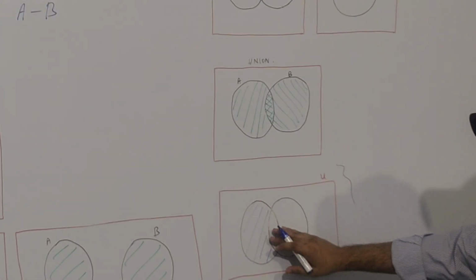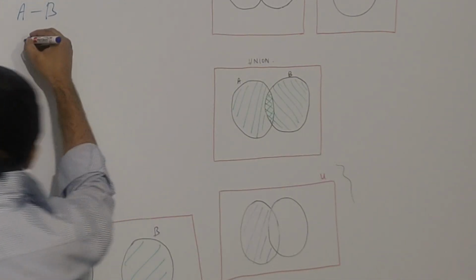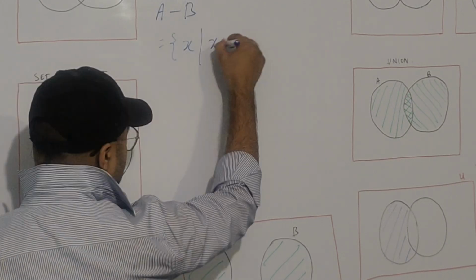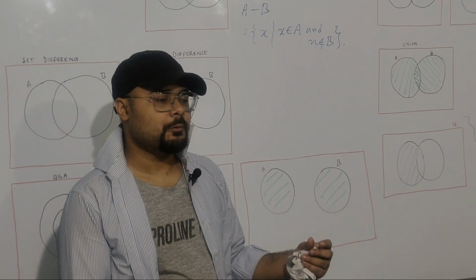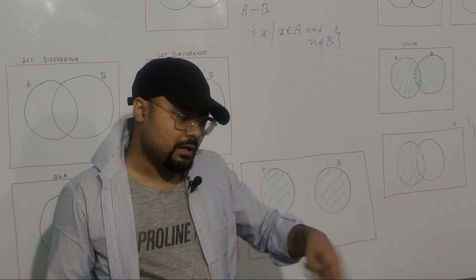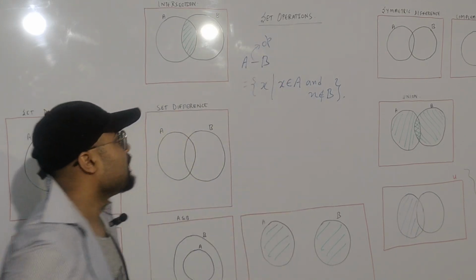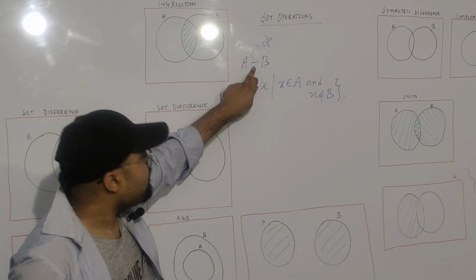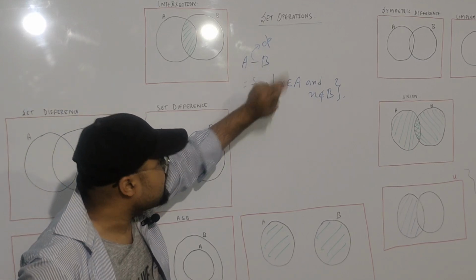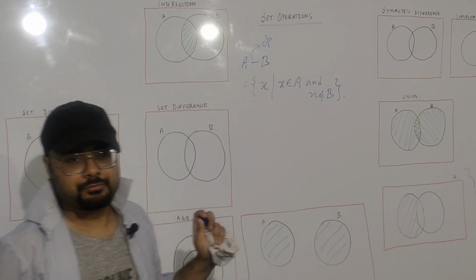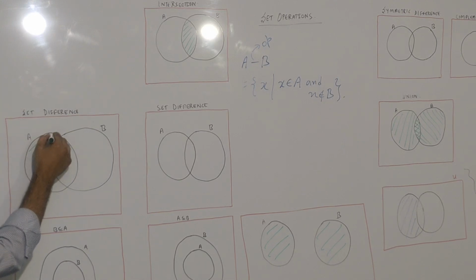Elements of A apart from those elements which are common with B. So A minus B will give you A minus something. So you are not going to return all the elements of A. Some elements of A you are going to remove. If this is your operator, which is minus, and the left operand is A, then those elements of A that are present in B are going to be removed. If these are your two arbitrary sets A and B, then A minus B is this portion.